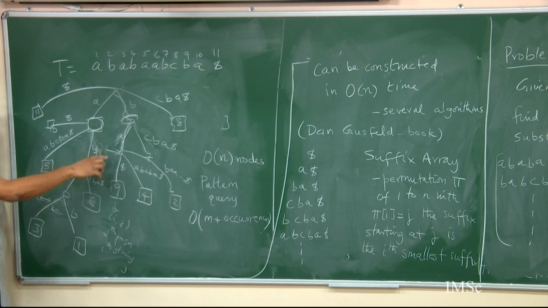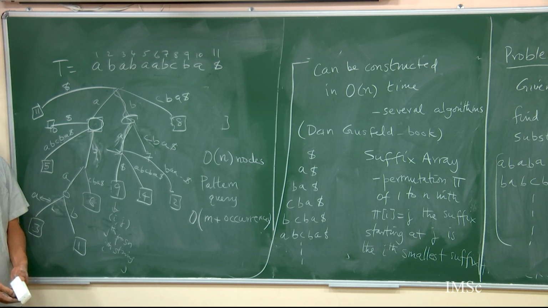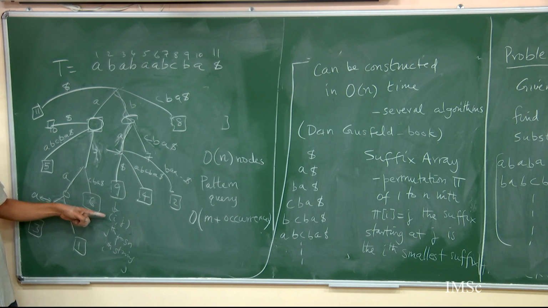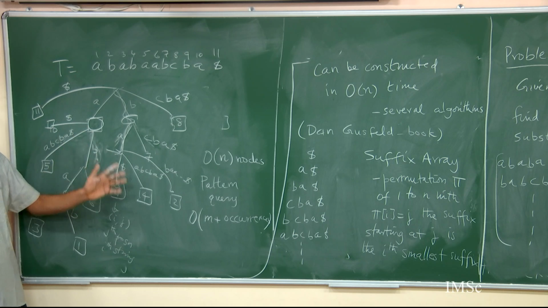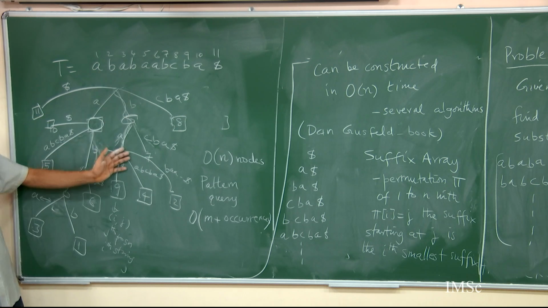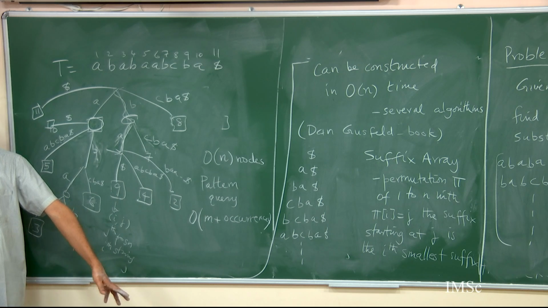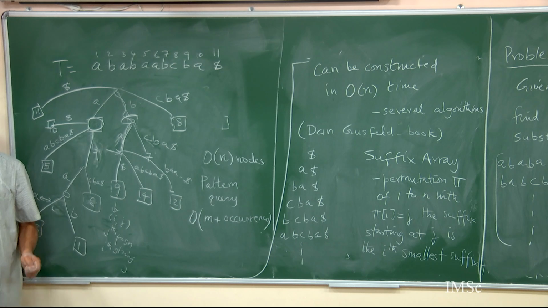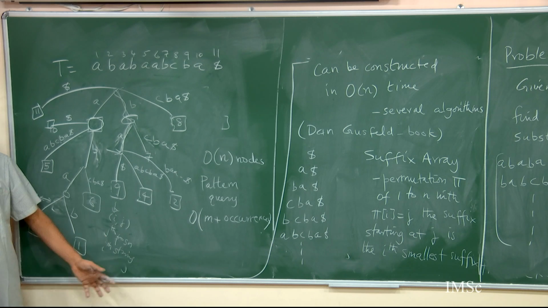I am looking for a node whose subtree has leaves with i for every i. It should appear in the first string, second string, third string, fourth string, every string. So I am looking for a node whose subtree leaves contain i for every i. Now, this is something I can actually do.